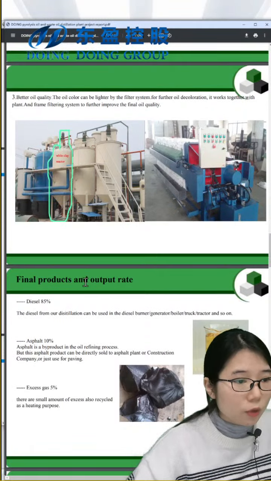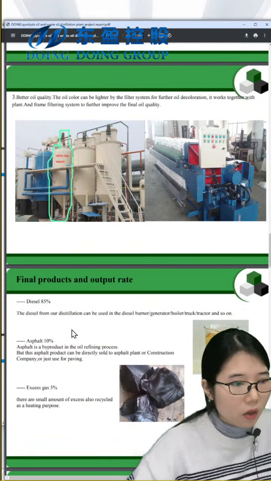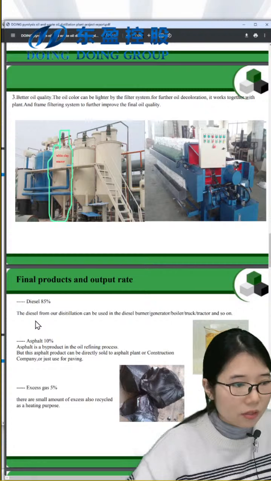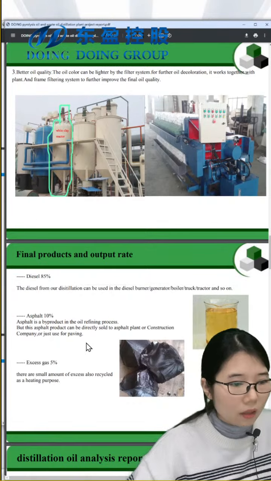This is the final product and output rate of the distillation machine. You can get 85% diesel and also 10% asphalt.